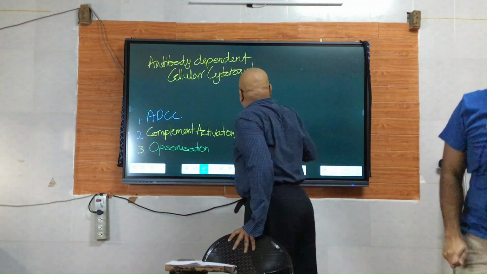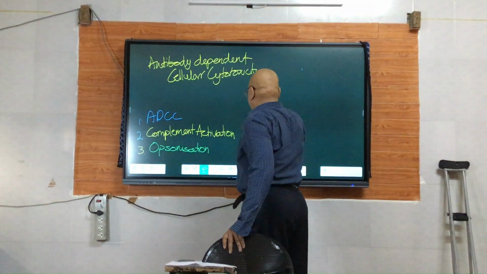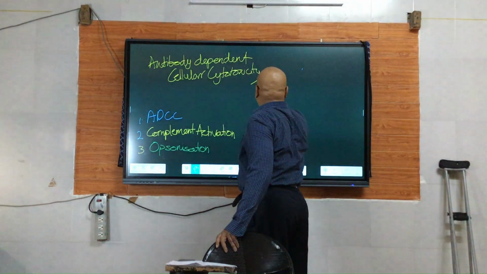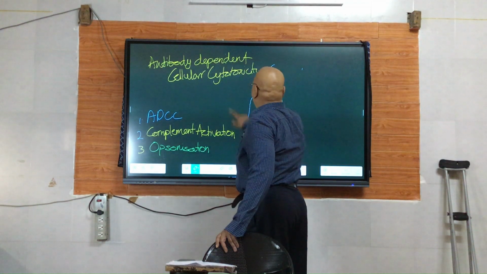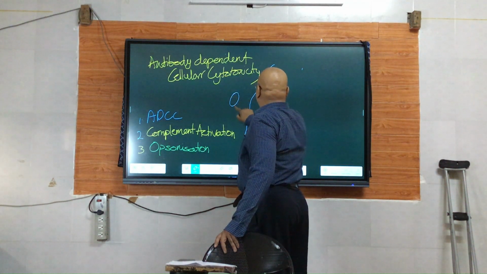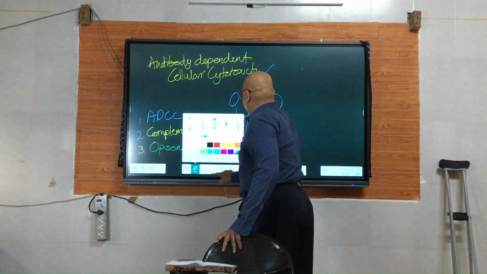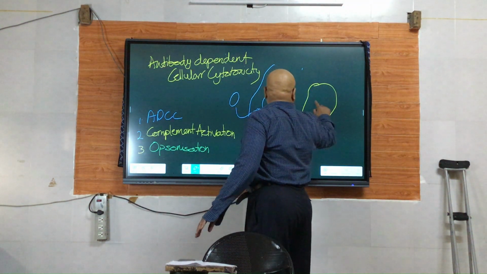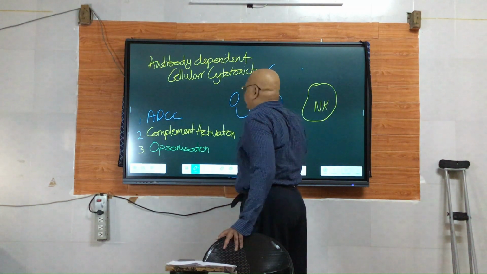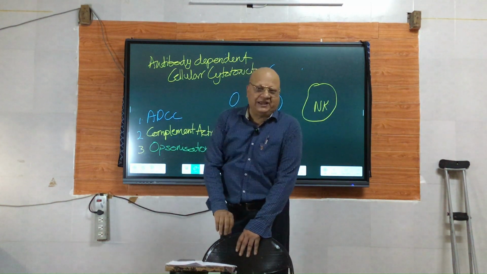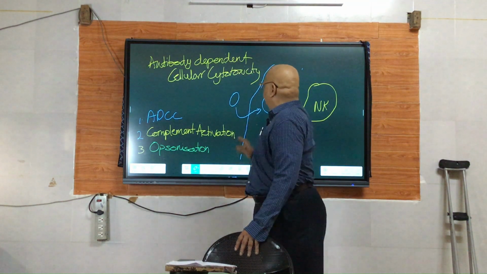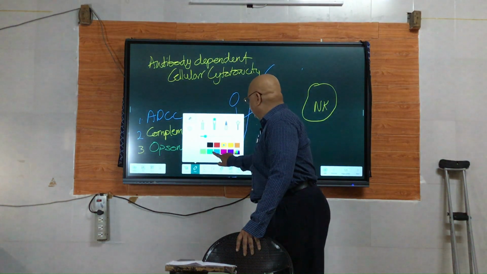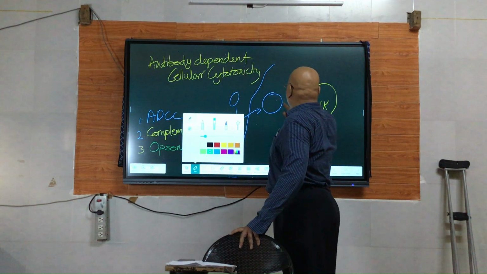Now just visualize a pathogen entering the body. It has breached the barrier, the skin barrier of the innate immune response, and it has entered the body. Now it will be first countered by the natural killer cells, among others. But here is a disadvantage natural killer cells have: they do not exhibit any high degree of specificity for the invading pathogen, and here comes into play the cooperative action of the immunoglobulin.